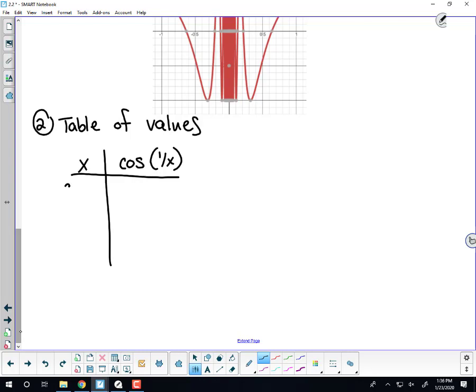Let's say x is 0.001, and we'll also compute 0.0001 and 0.00001. Again, calculator in radians, let's take a second or two to compute those.